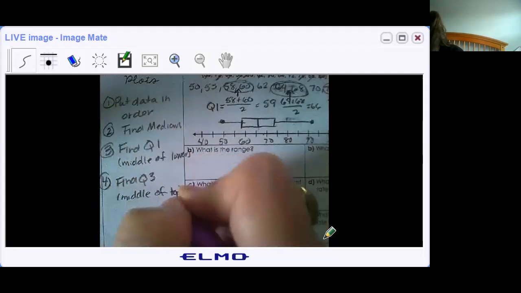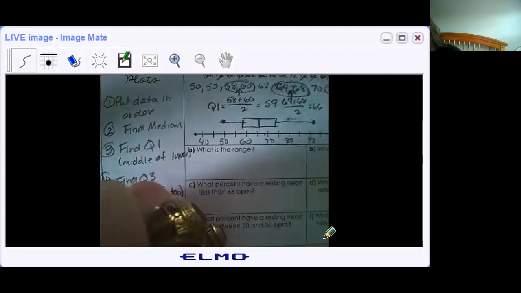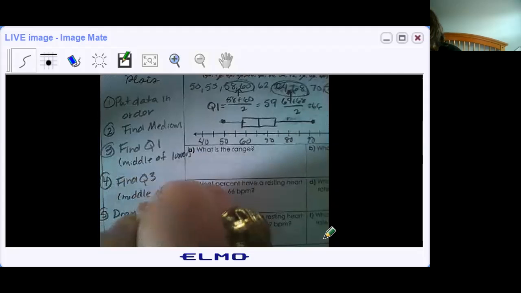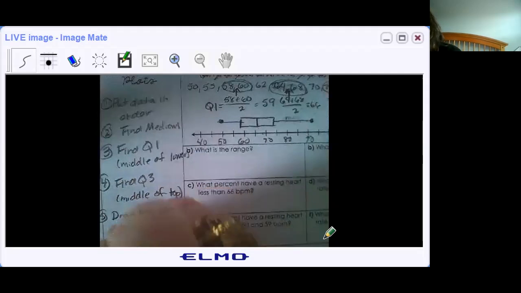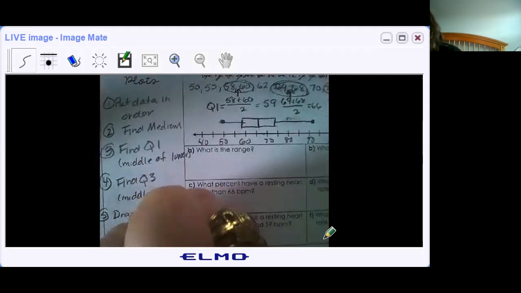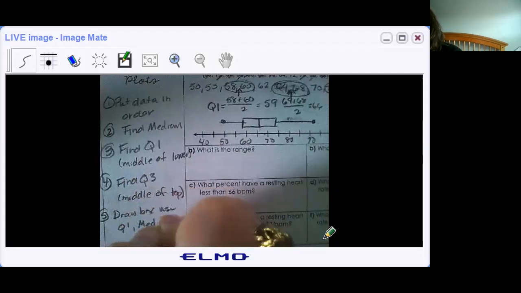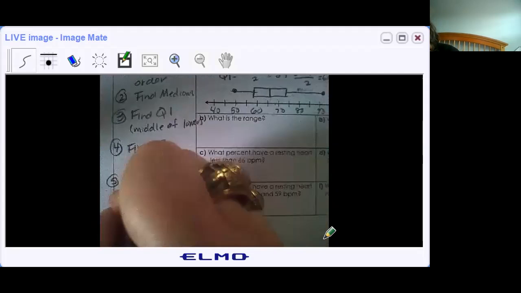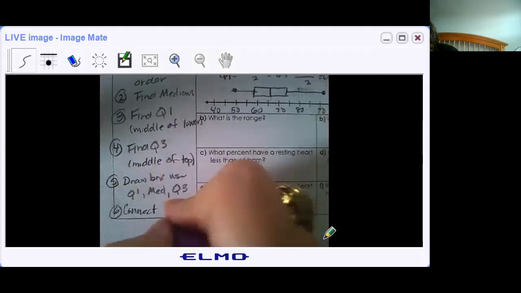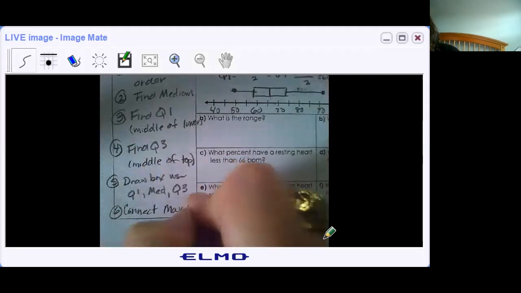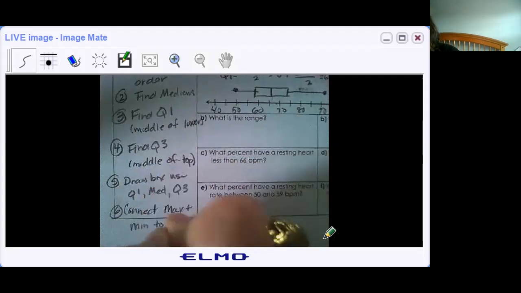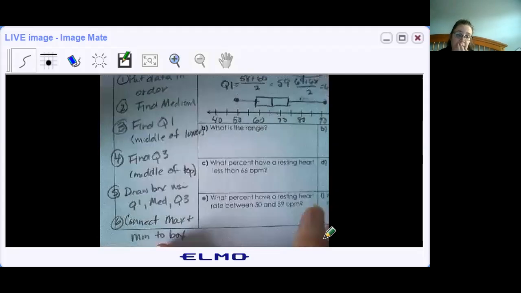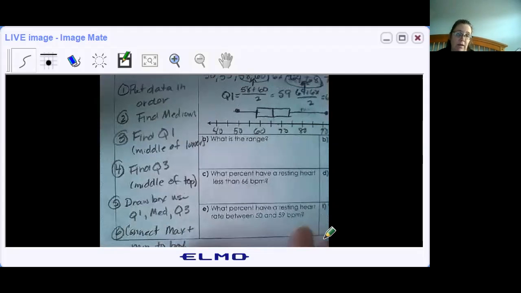Then we're going to draw our box, and we're going to use Q1, the median, and Q3. And then we're going to draw our whiskers, or we're going to connect the max and the min, the maximum and the minimum, to the box. Okay, so that's the basic mechanics of creating a box and whisker plot.